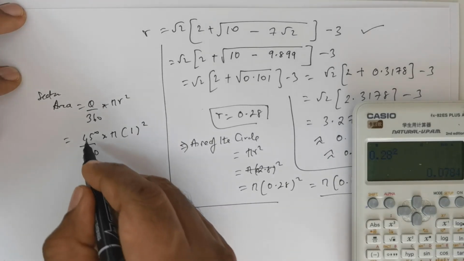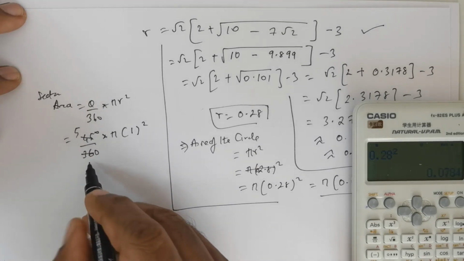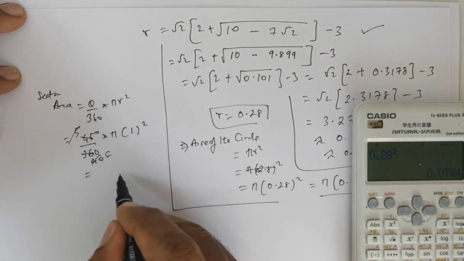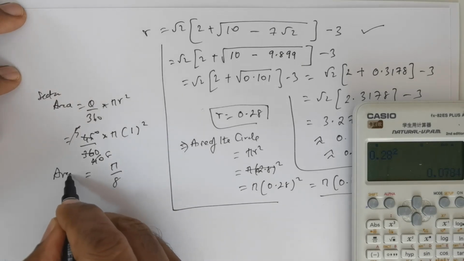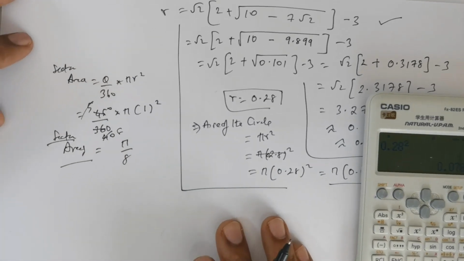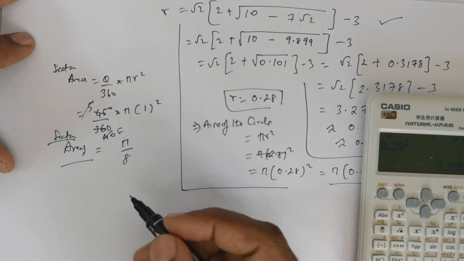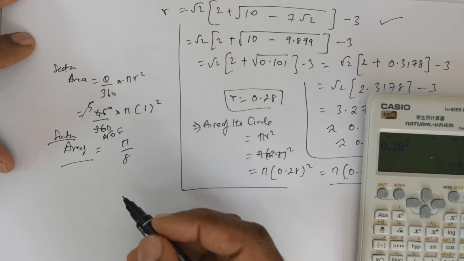So this is going to be 45. 9 5s are 45. 9 4s are 36, and 45 divided by 360 gives 1 over 8. So I got pi over 8. This is the area of the sector.